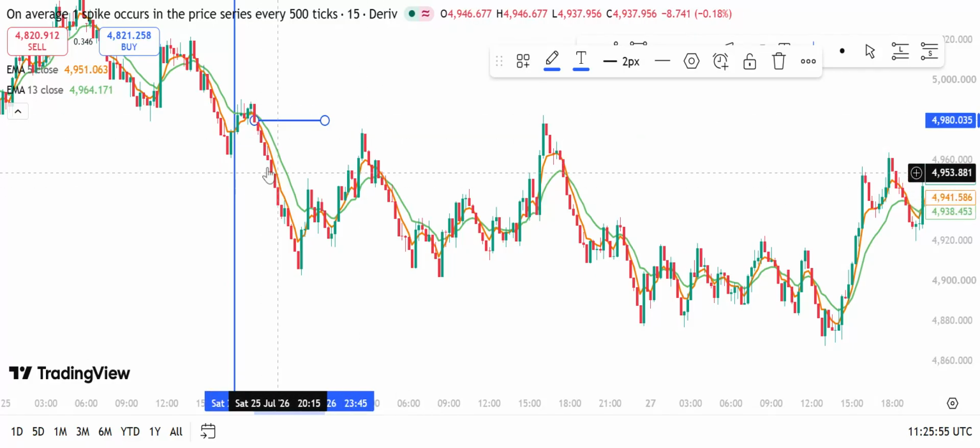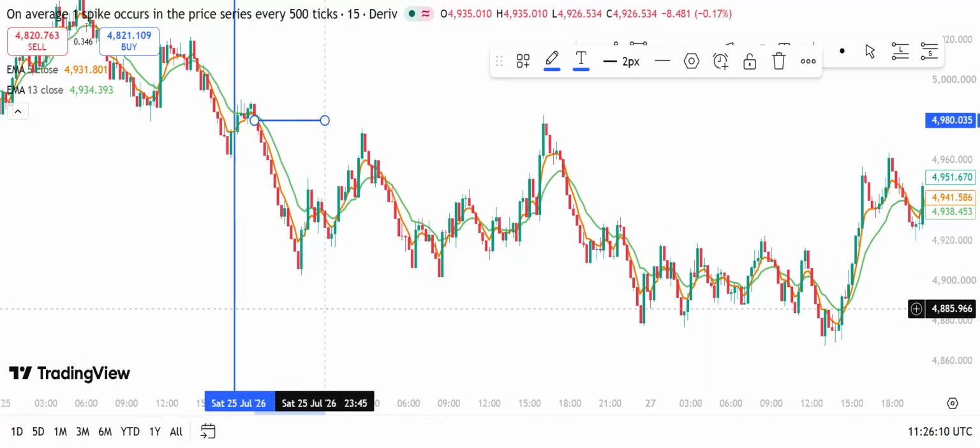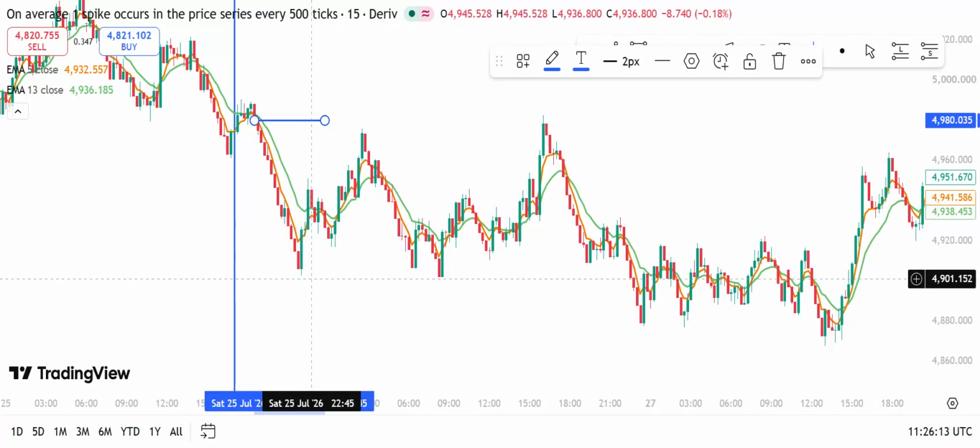And as we move down, we are moving, we are moving, we are moving. Our first exit signal is when we see a bullish candle coming to close above our 5 here, we take profit.